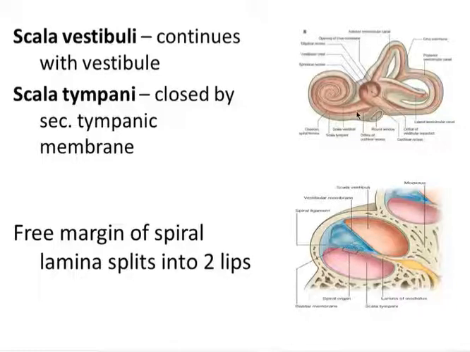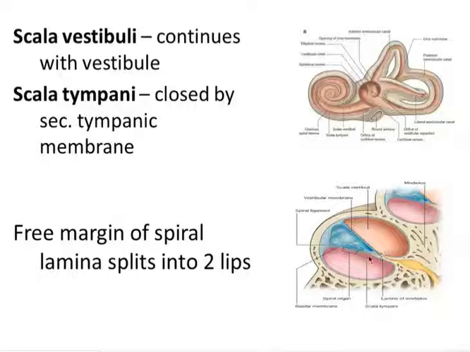Now the free part of the osseous spiral lamina is divided into two lips. You have the upper part and the lower part. The two lips are the vestibular lip and the tympanic lip.